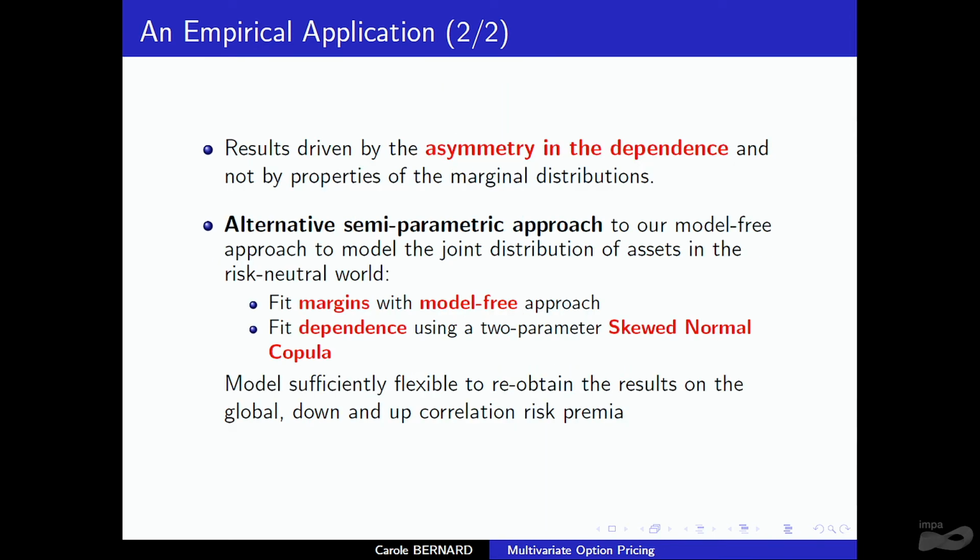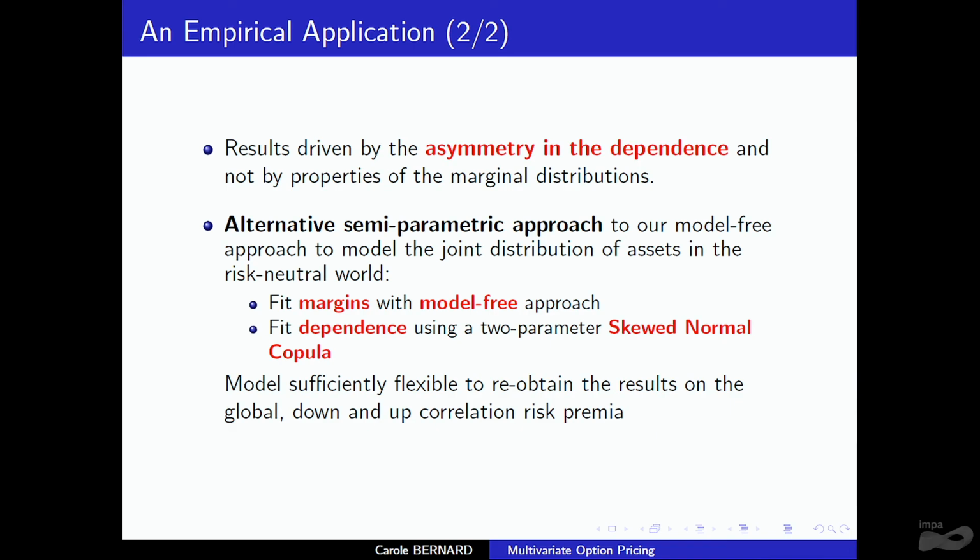And we are also able to find some toy model to explain the market. One thing that we were able to do is really to look at the dependence, the multivariate distribution, and explain that this asymmetry that we find comes from the copula, from the dependence, and not from the properties of the margins.